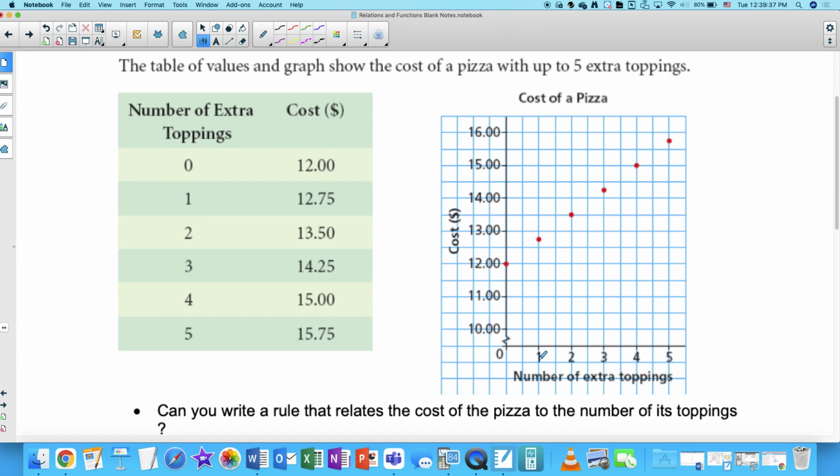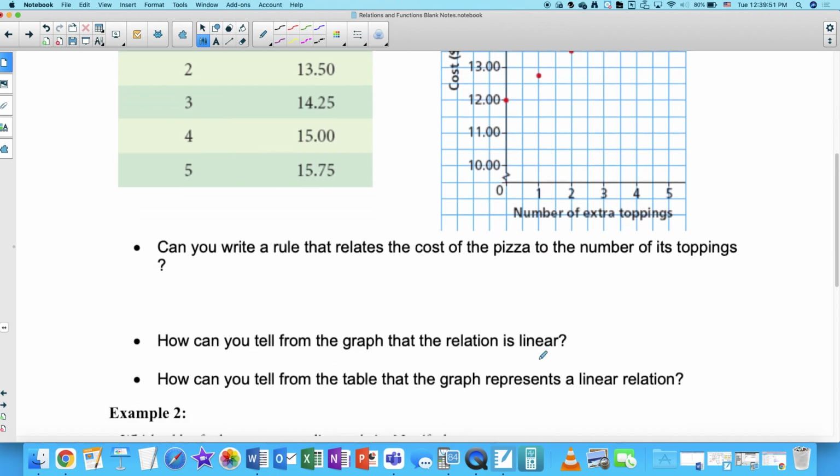Yes, the base cost is $12 for the pizza, and then if you want additional toppings other than cheese, you have to pay 75 cents. Yes, I have the formula. Let's write the rule first, and then let's talk about the equation. The base cost of a pizza is $12.